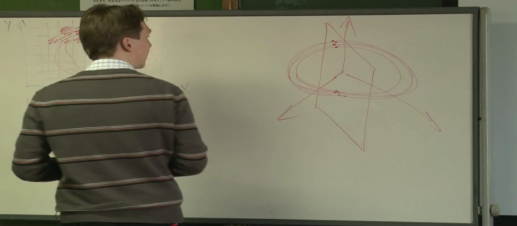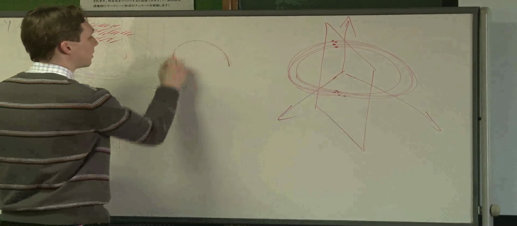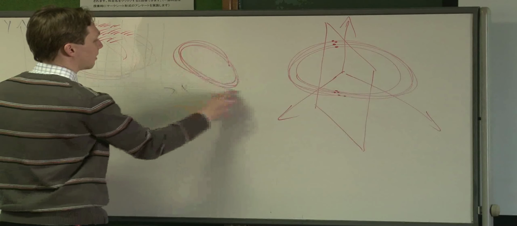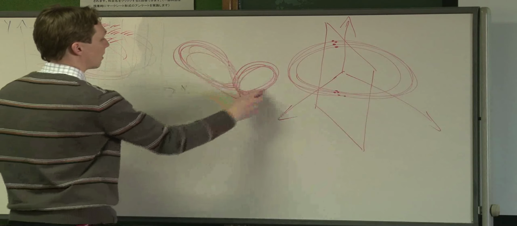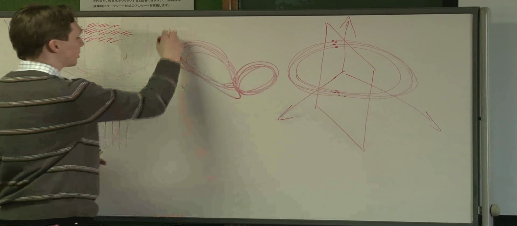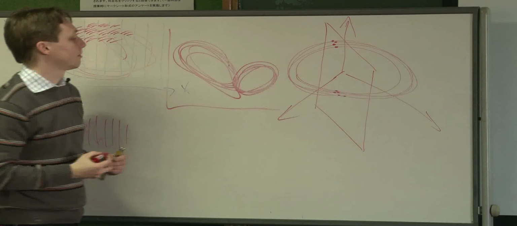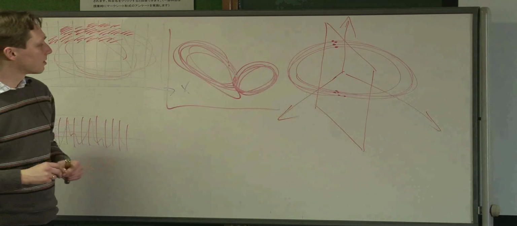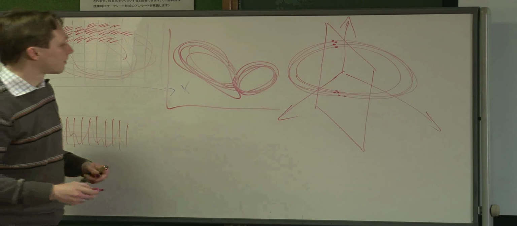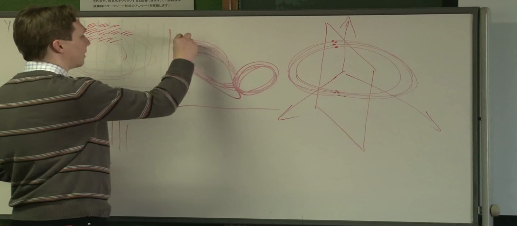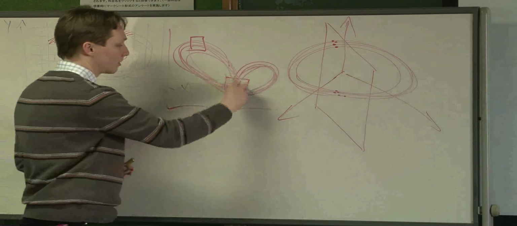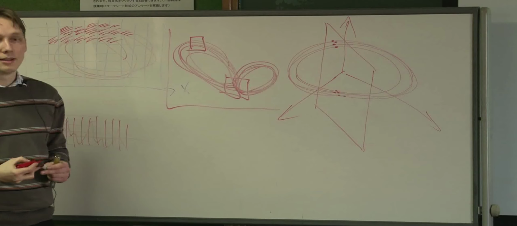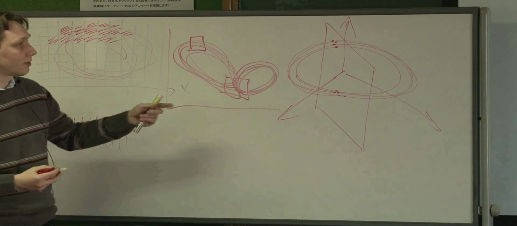So, for example, when you have a system which looks like this, maybe a sort of caricature of the so-called Lorenz system, you may compute the fractal dimension in this area, and you might compute it in this area, and you might get different results.